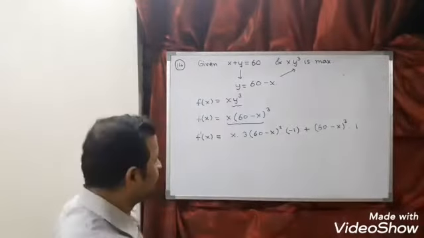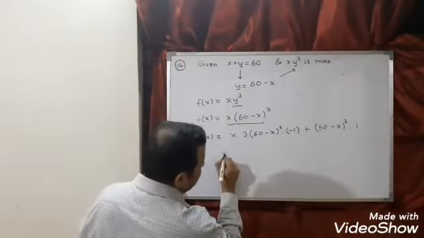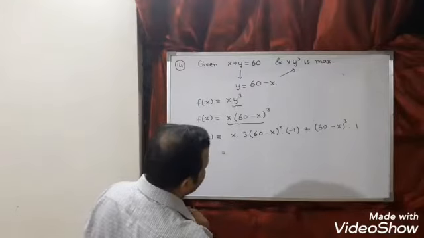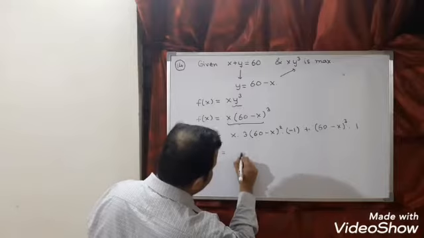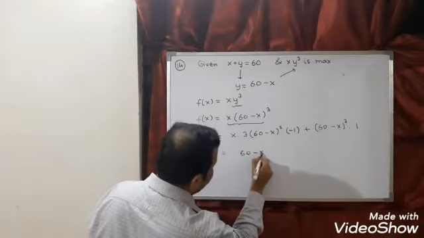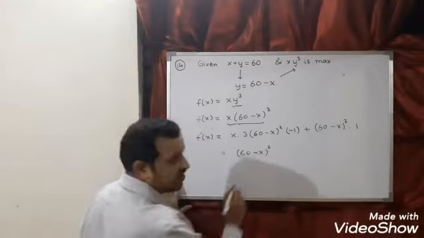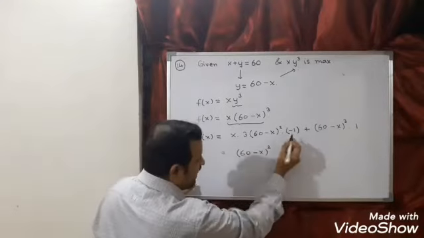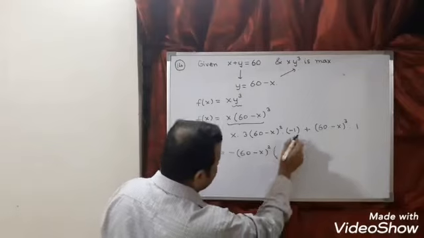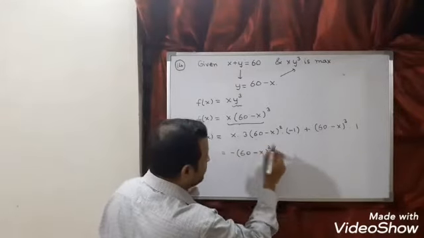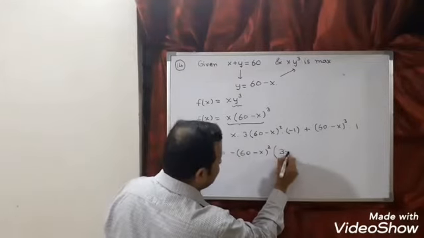Something we can take common. I think, tell me what common we can take. So here I can take (60 minus x) whole square common, and I am taking minus also common here. So when you take minus common, 3x will come here.